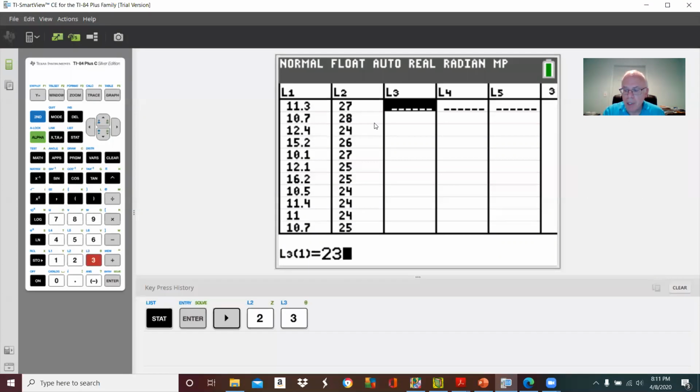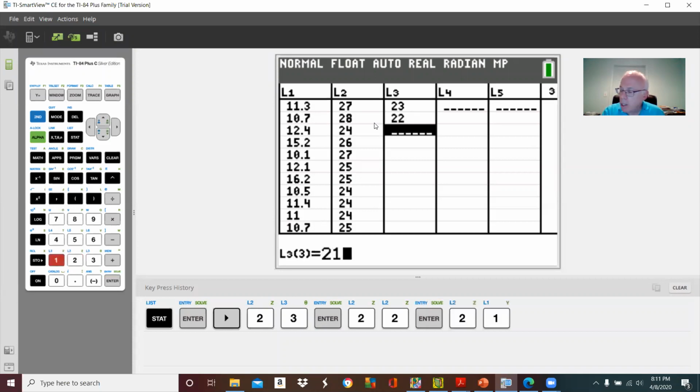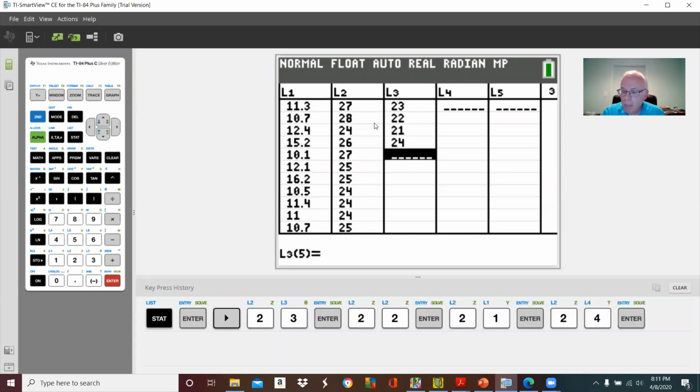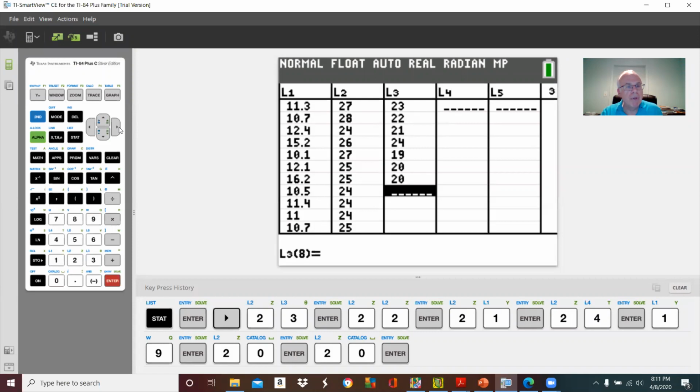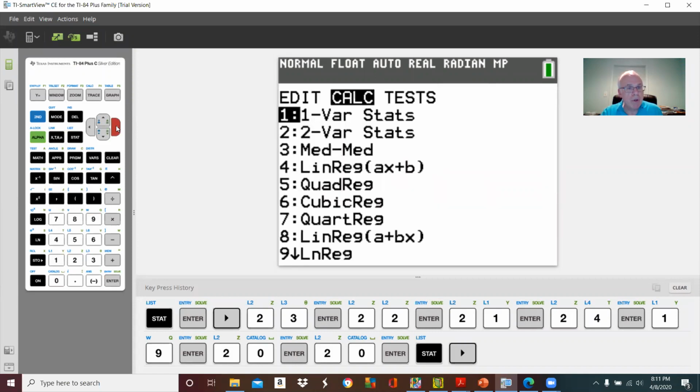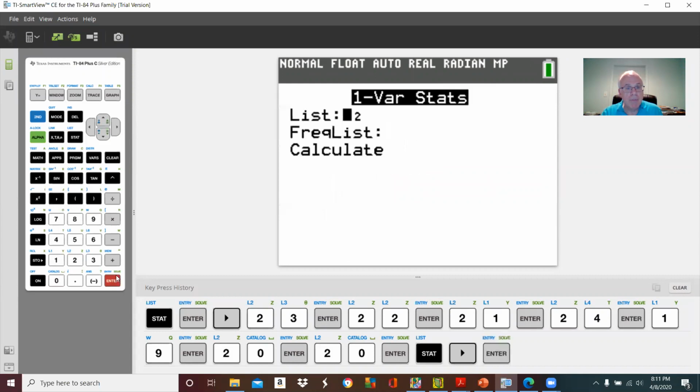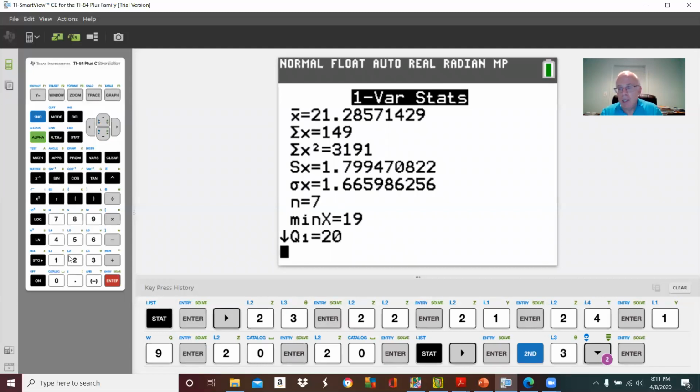You can enter those 7 numbers for the 7 chimps. To find the mean and standard deviation for L3, where our data is, again we hit stat, scroll over to one-variable statistics, hit enter, and we're going to use L3 here. So we'll do second 3, scroll down, hit enter, and there are our mean and standard deviation.